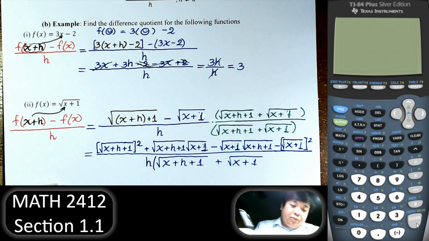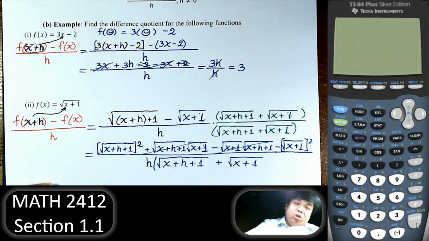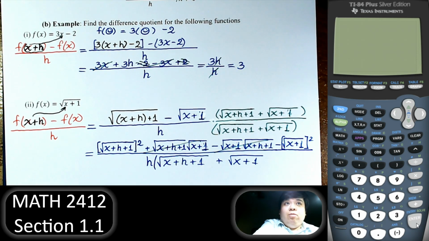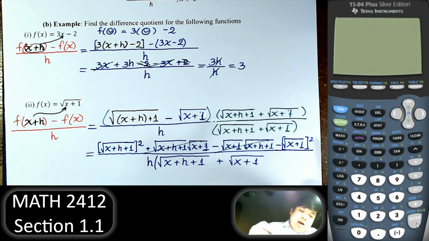Right, now, this is a plus. There are two different square roots. Those middle terms cancel out. We know that for sure because that's why we multiply by the conjugate: a plus and a minus.